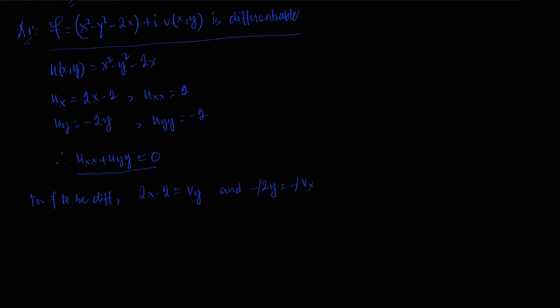From here, what does it give you? v of xy is nothing but 2xy plus some arbitrary function of y, since I'm just taking the integral with respect to x.